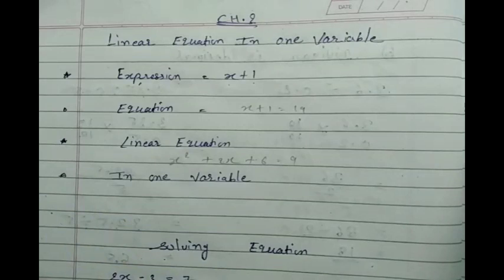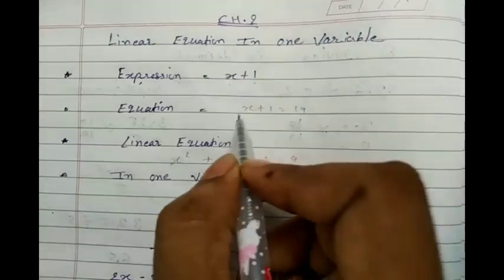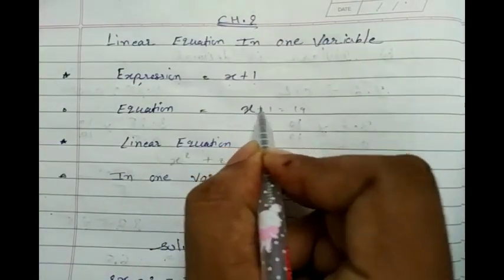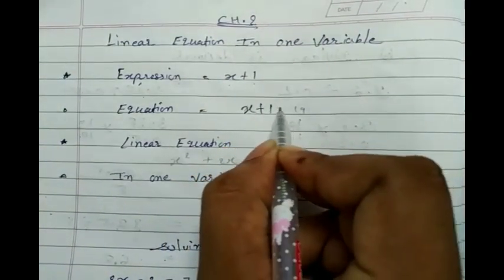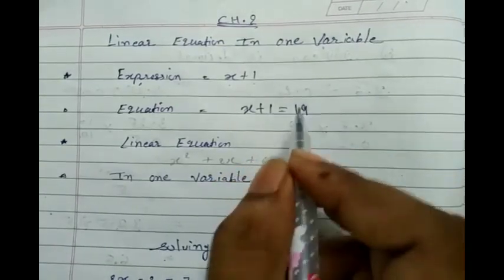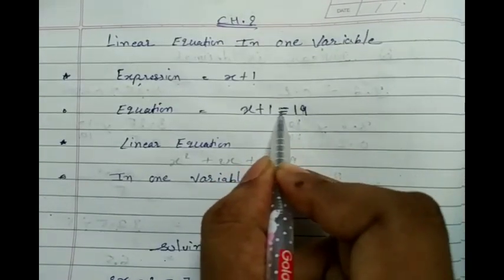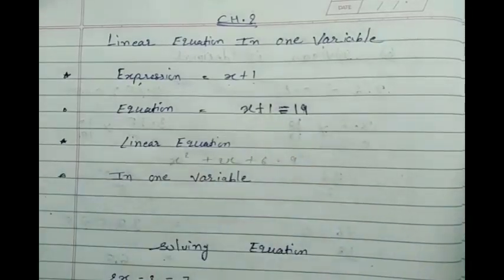When we place the sign of equal to between two expressions, it becomes an equation. So if we write x plus 1 is equal to 19, now see the sign of equal to came between two expressions.